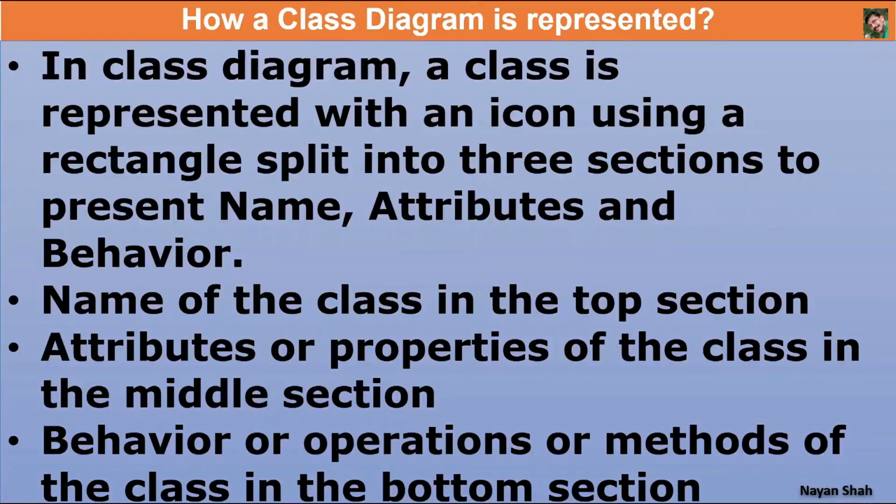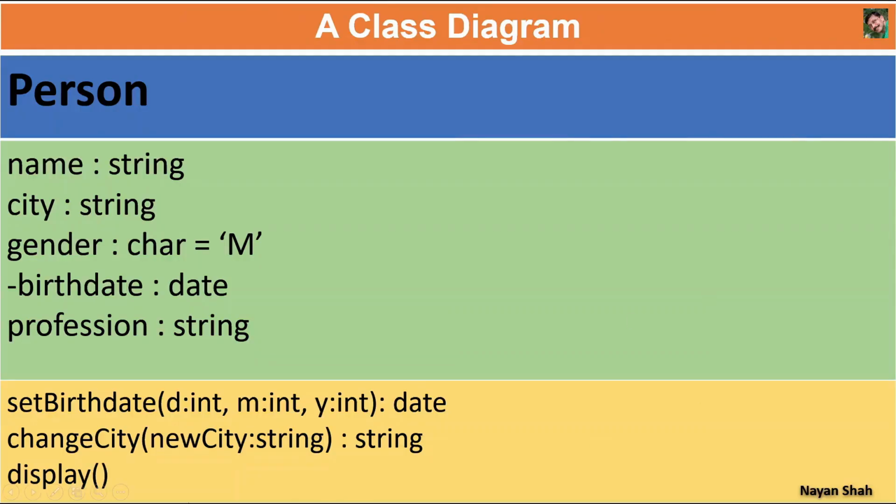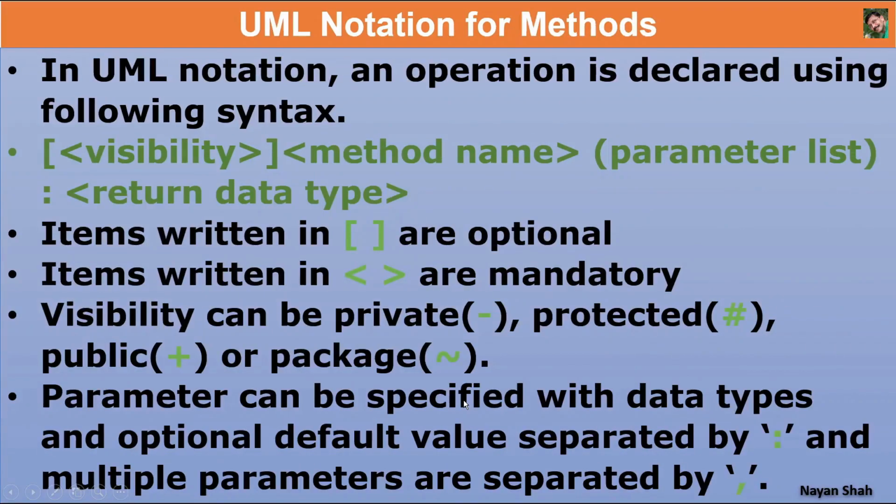So if you see this example, these are parameters here. Set birth date has 3 parameters: D integer, M integer, Y integer, and this is its return type. So that is what parameter and return data type.